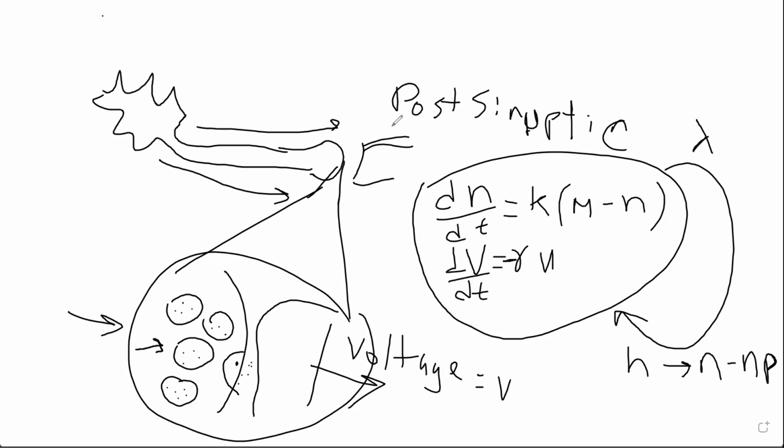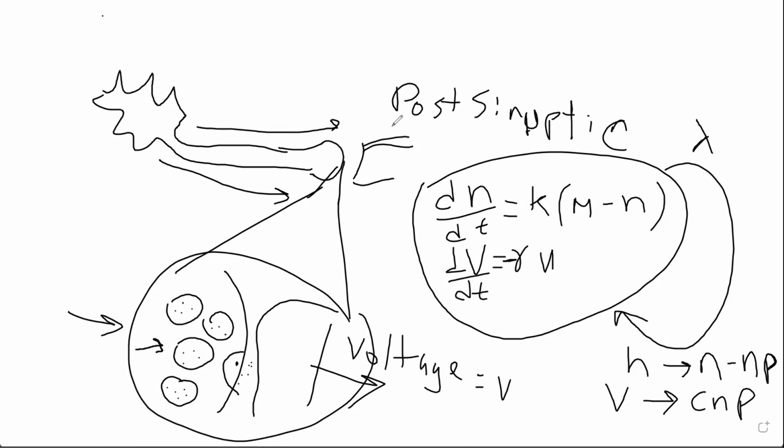You can also consider the number of vesicles to be discrete, and the probabilities a Bernoulli process, etc. But here I'm going to use this simplification, and the voltage of the postsynaptic cell is going to increase by a constant times the number of released vesicles.